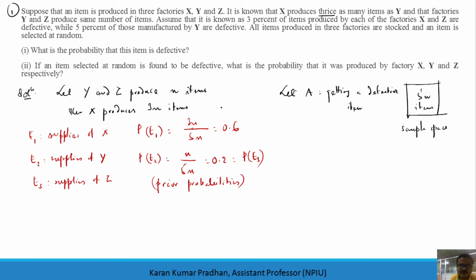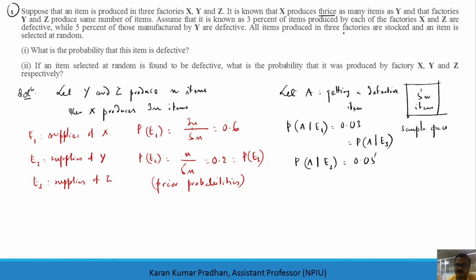It is given that 3% of the items produced by X and Z are defective, which is your 0.03, which is same as your probability of A given E3, right? Then your probability of A given that it is manufactured by Y is 5%, that means 0.05, right?